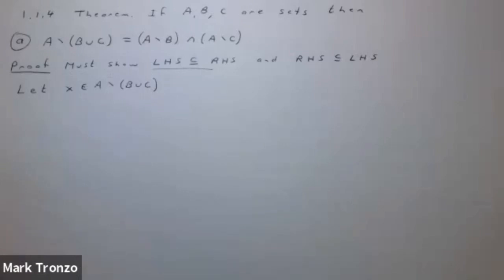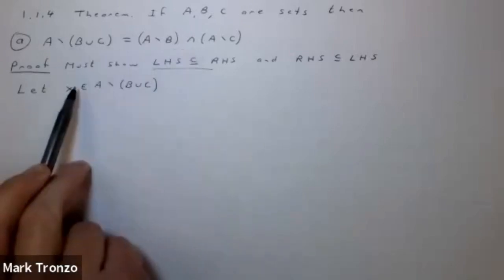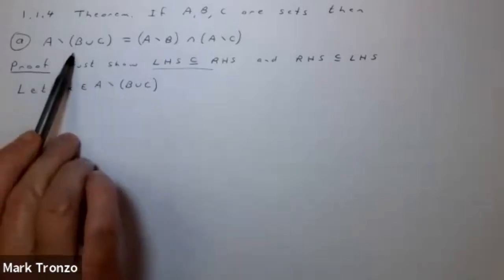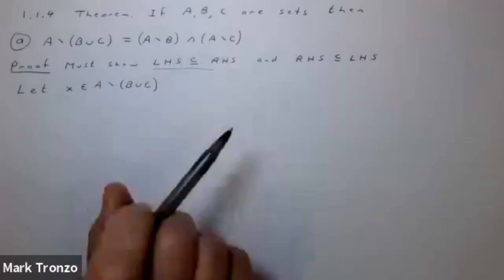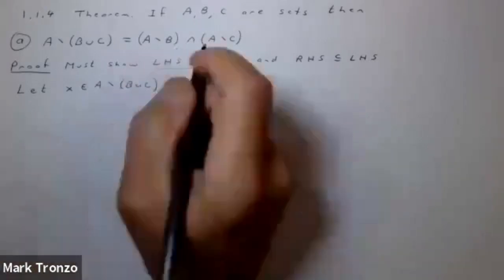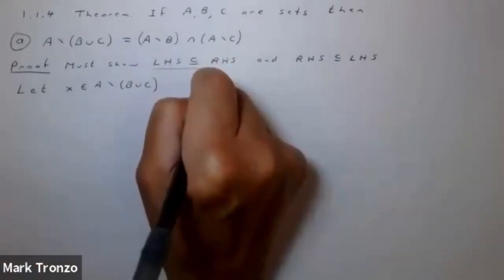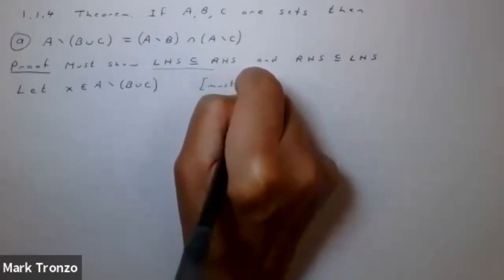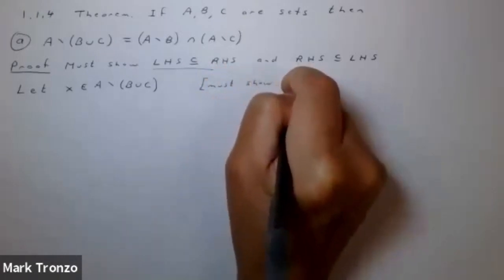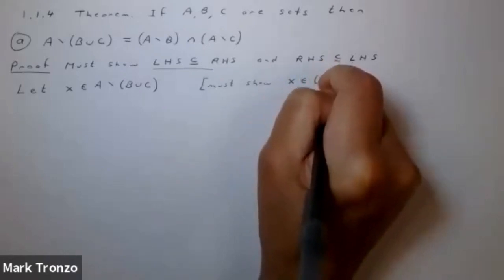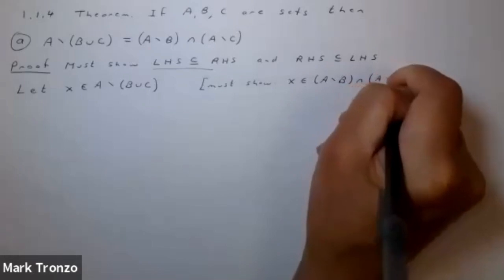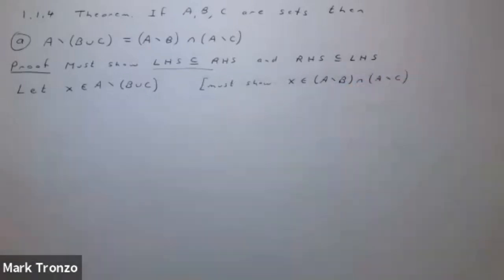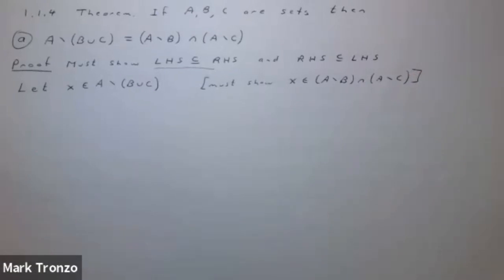So we pick something on the left, a typical element on the left, and we have to show that it is an element of the right-hand side. That's what we eventually have to show, so just keep that in mind.